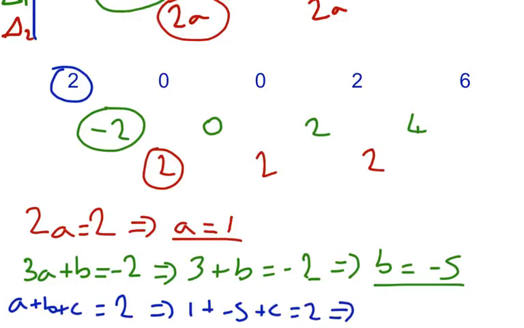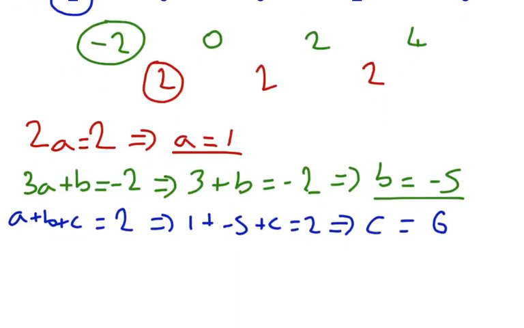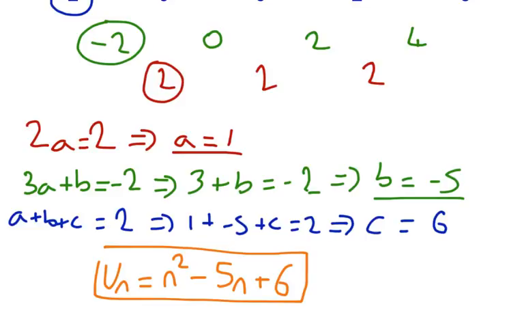And that gives us an answer of c equals 6. Now we put all that together into our general term and we get un equals 1 times n squared, so n squared. b is minus 5, so it's minus 5n. And c is 6, so it's plus 6 on the end.